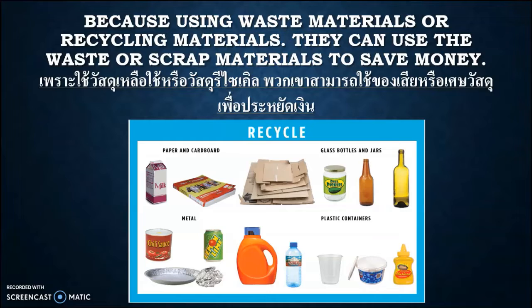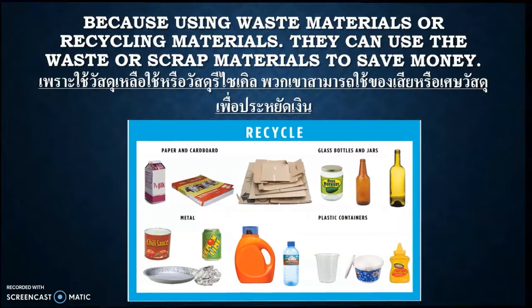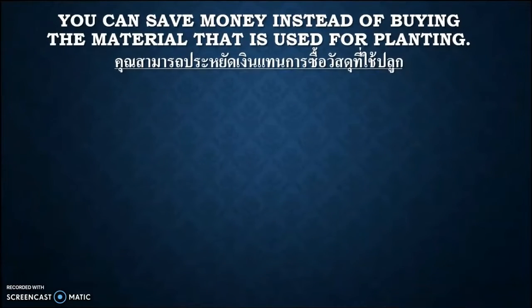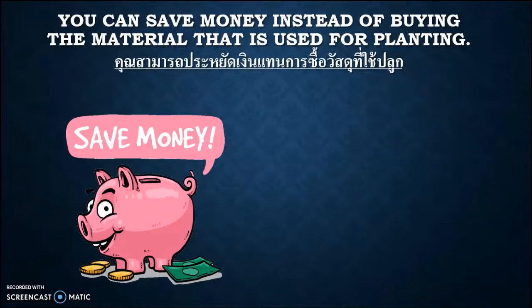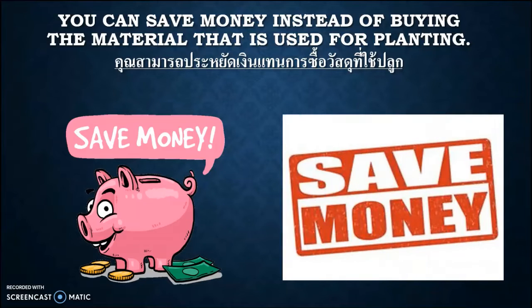All right, look at the picture. Using recycle, yes, it can help you to save money. Just like this. You can save money instead of buying the materials that is used for planting.